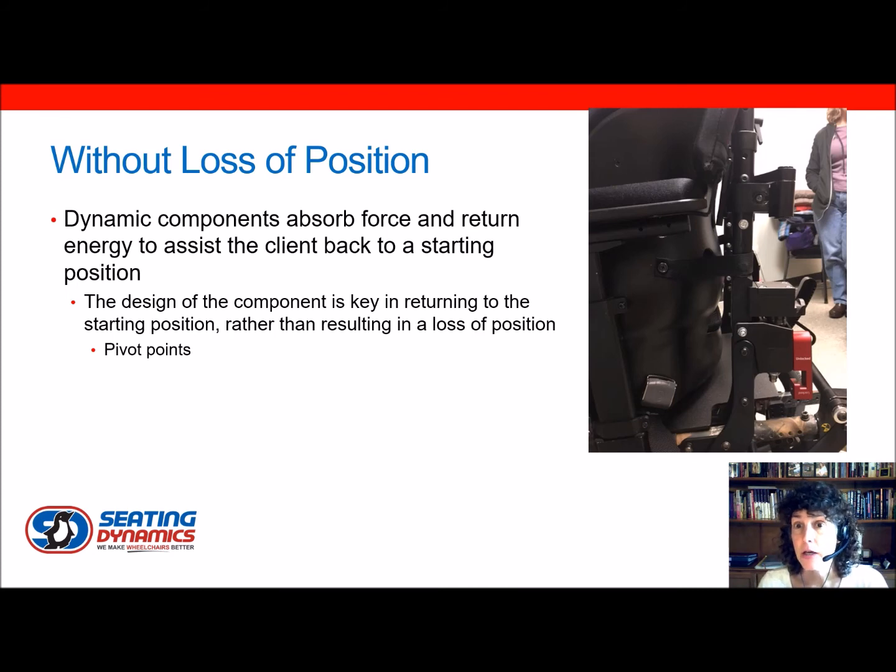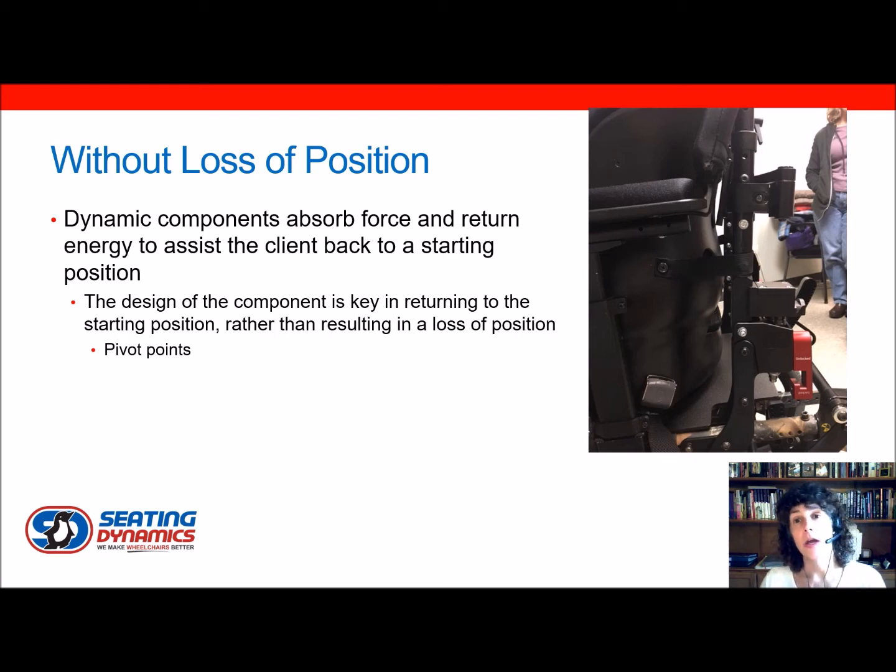Another key portion of dynamic seating is that this return to upright occur without a loss of position. And this is really important because if the client moves, comes back, but loses their posture, for example, slides into a posterior pelvic tilt, then this isn't a very effective intervention. So the design of the component keeps this in mind.